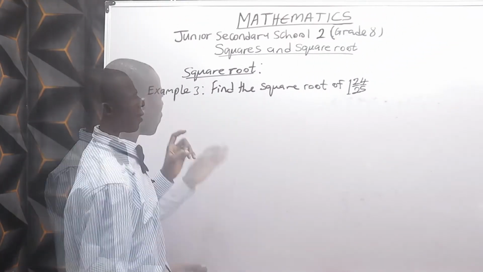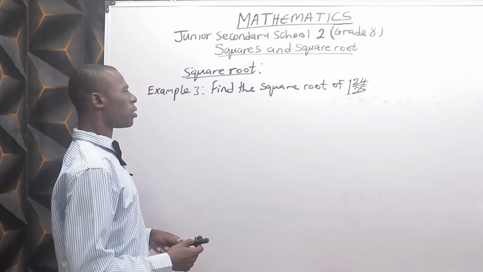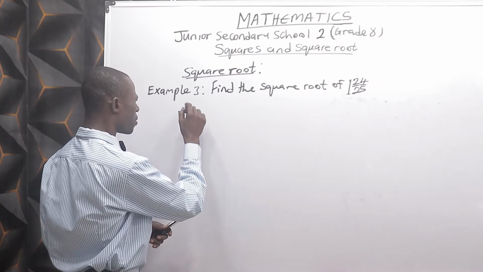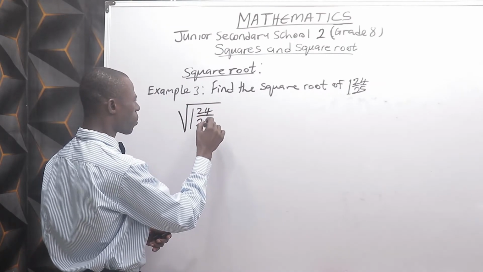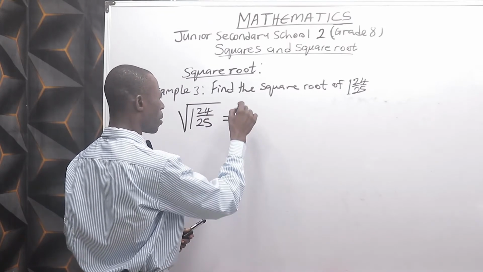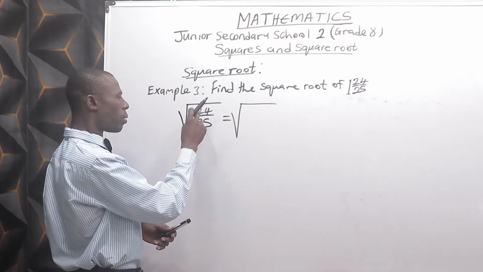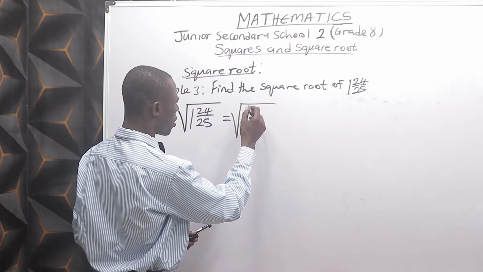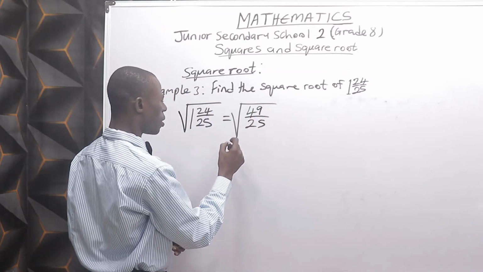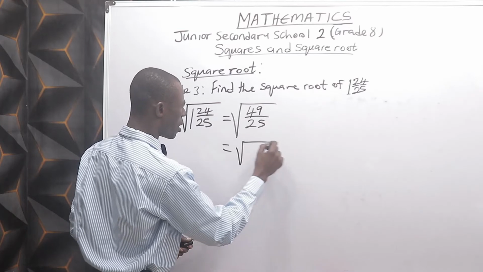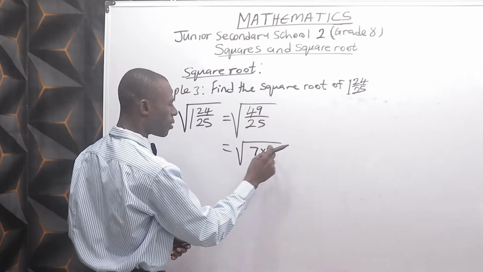Example 3. Find the square root of one whole number 24 over 25. It means square root of one whole number 24 over 25, which is interpreted as 25 times 1, 25, plus 24, that is 49 over 25, which is expressed as 7 times 7. 49 is 7 times 7.